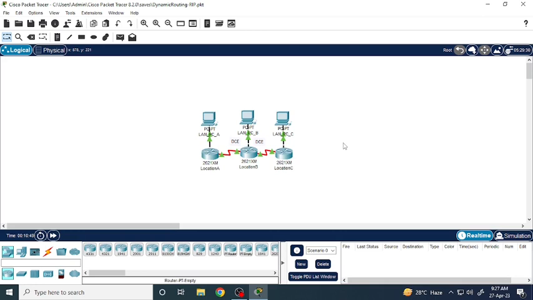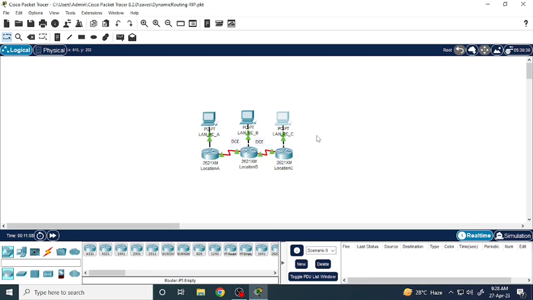In that diagram, these were locations A, B and C, 3 routers, and these PCs were representing the LAN environment or the LAN PCs.